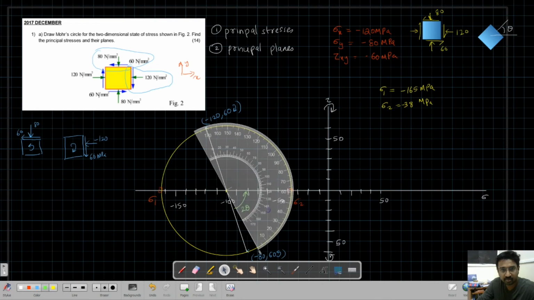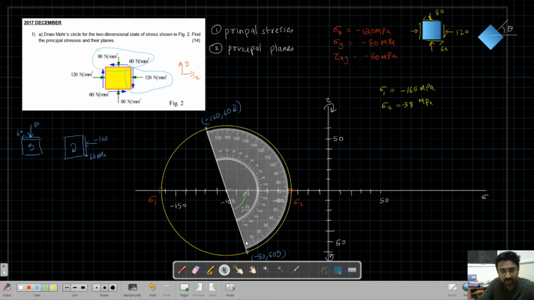Now let me rotate it. So what I am seeing is that the angle we are measuring is around 71 degrees. So 2 theta is approximately 71 degrees, and theta is nothing but 35.5 degrees.